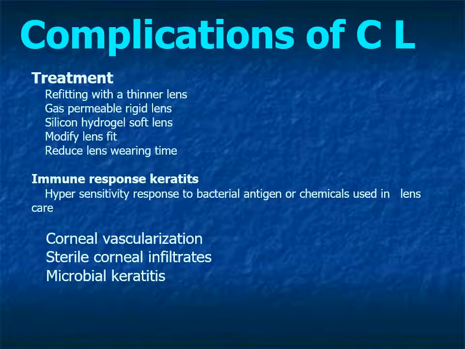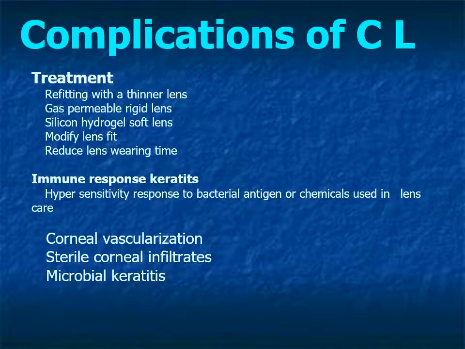Microbial keratitis is the other complication, a dreadful complication, as normally the bacteria cannot penetrate the healthy epithelium. But once the cornea is hypoxic, it leads to derangement of the epithelium, and there may be micro erosions due to mechanical rubbing of the cornea or the entrapment of protein and debris underneath the lens.